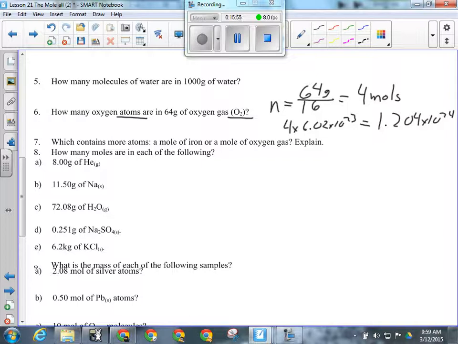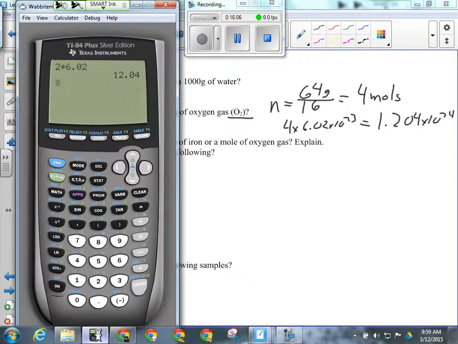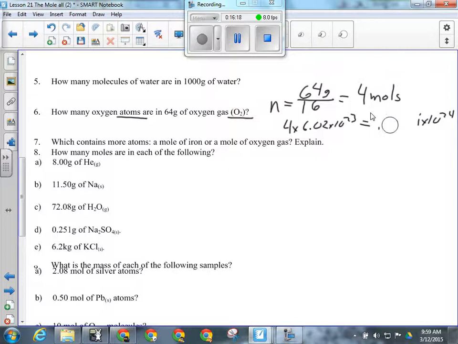Is it? Someone quickly check. Whoops, sorry, I was thinking ahead to the other method here. 4 times 6.02, okay, sorry. So I get 2.4, sorry, that's my bad. I get 2.408 times 10 to the 24 atoms of oxygen.